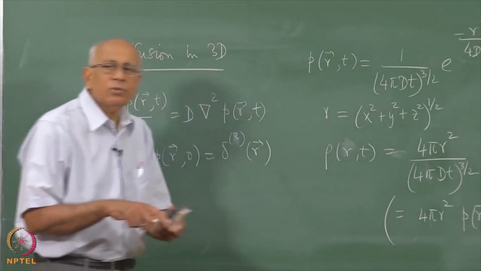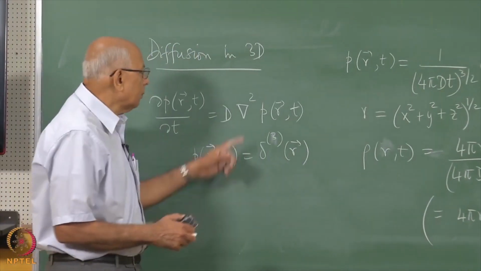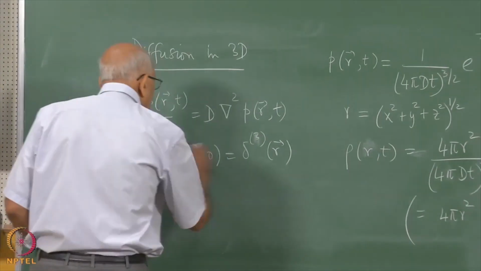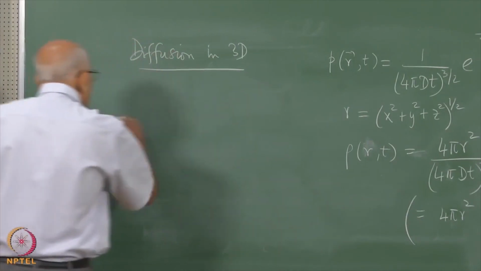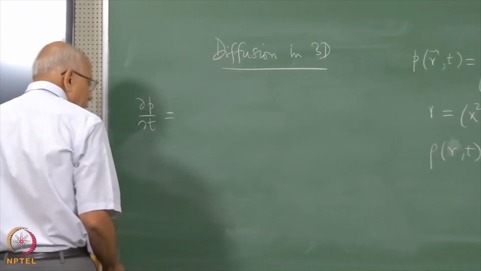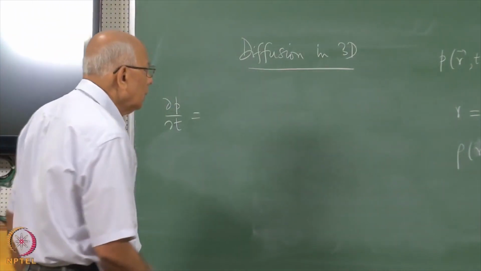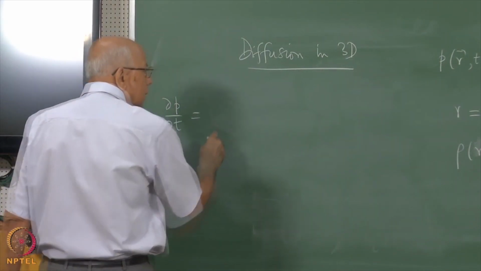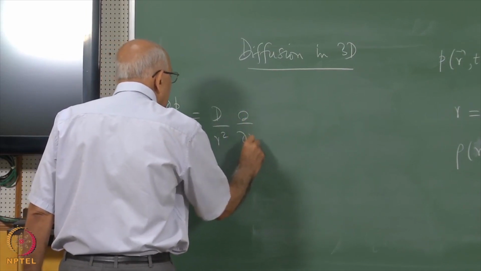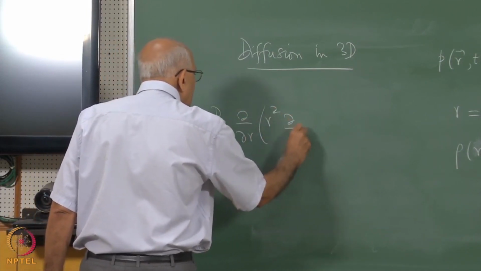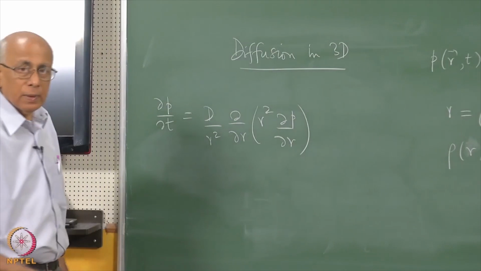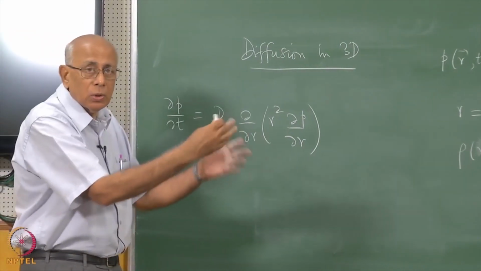We are interested in only the spherically symmetric part of it, so in this del squared I retain only the R dependent part of it, in which case the equation is delta P over delta T, this fellow here, is equal to D times 1 over R squared delta over delta R, R squared delta over delta R of P. That is the equation we solved to get this Gaussian solution.